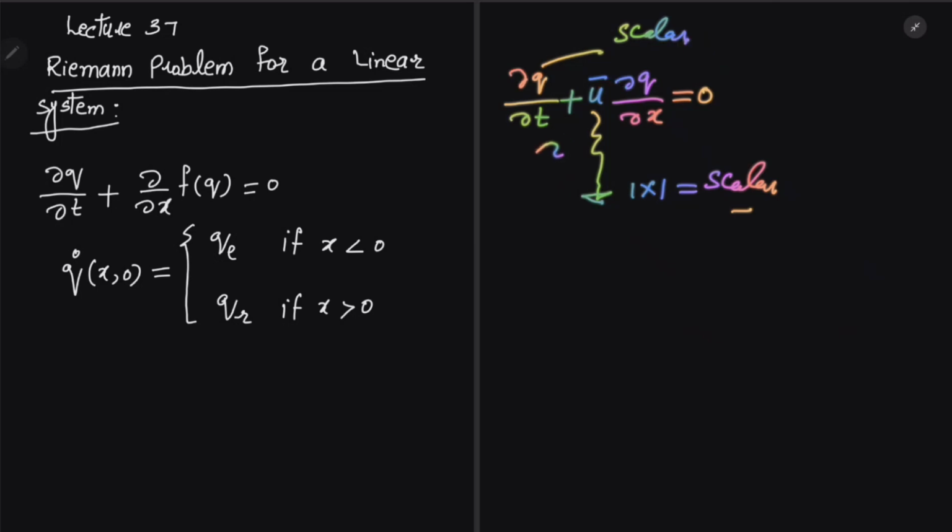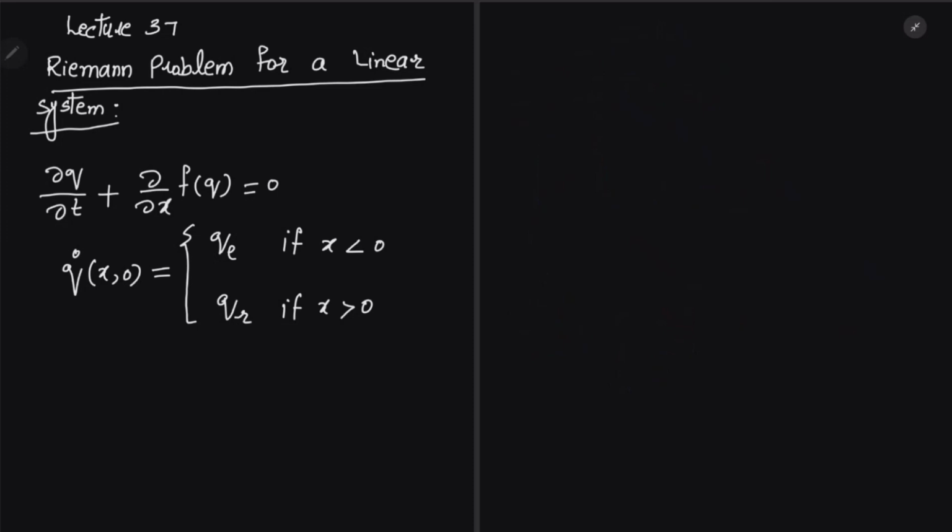When we have a system of equations, this changes into a vector, and here we have a matrix, and here again we have a column vector. That's how things change. Then we talk about the eigenvalues and eigenvectors, which we already discussed before.